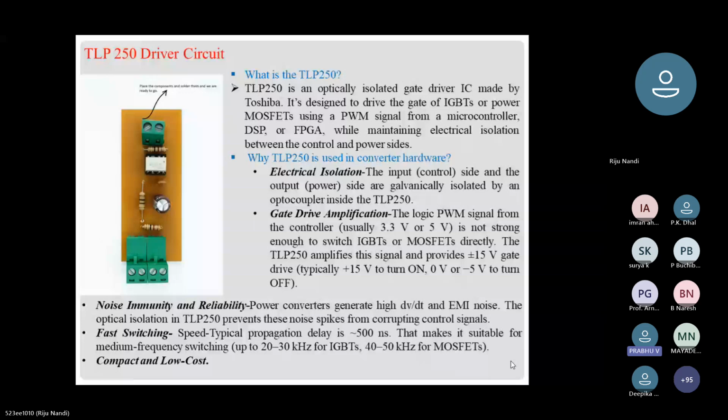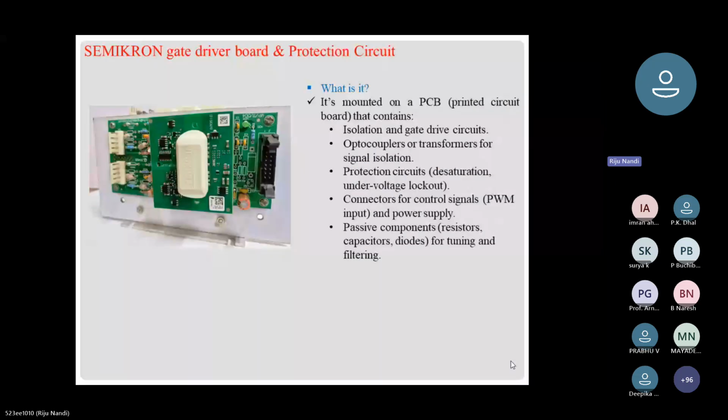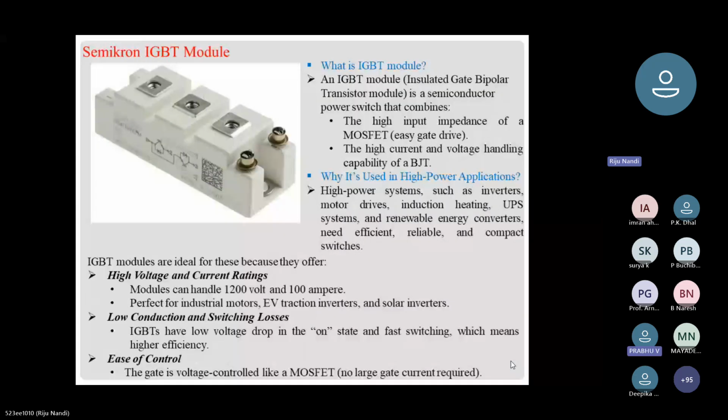When you are using an IGBT module, at that time you have to give -7 voltage to turn off, that is, plus 15 to -7 voltage for the IGBT module.